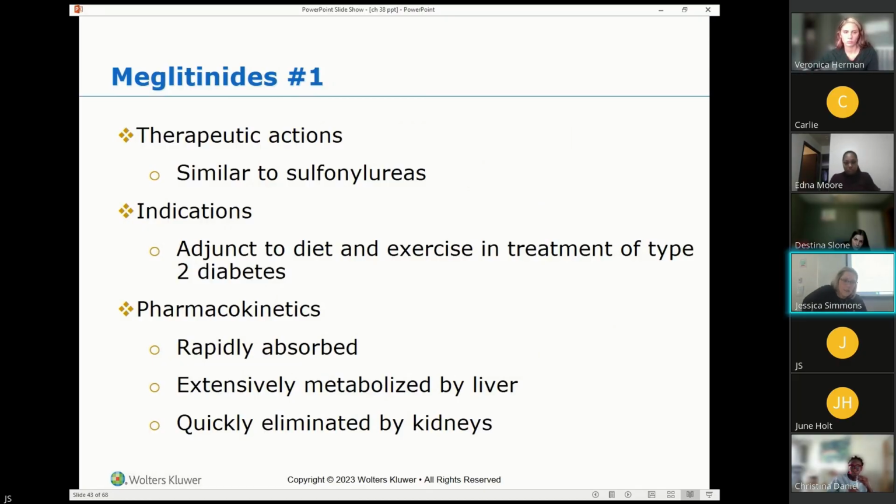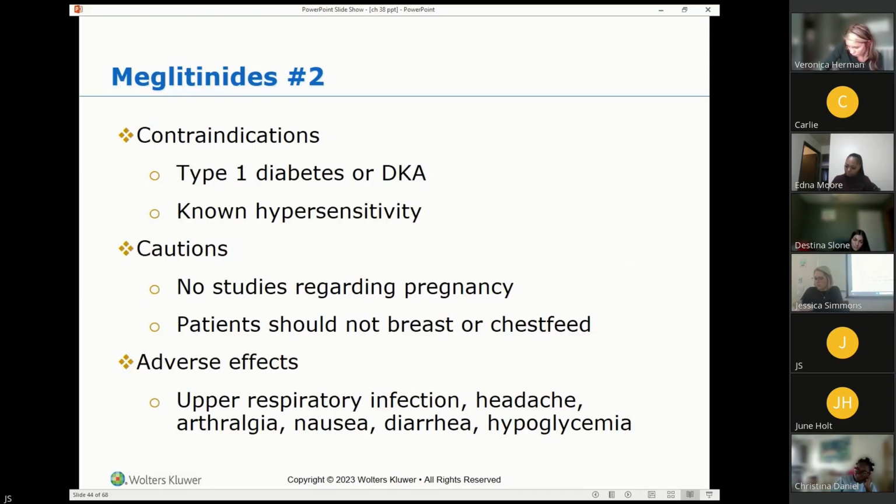Meglitinides are similar to sulfonylureas. They are also used in adjunct therapy to diet and exercise and treatment of type 2 diabetes. They're contraindicated in type 1 diabetes or DKA. Most of these drugs are contraindicated in type 1 diabetes or DKA.